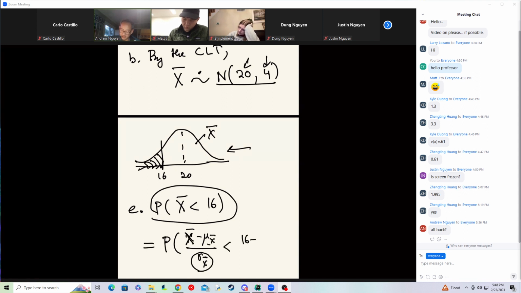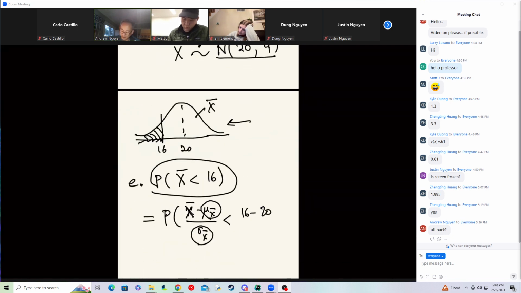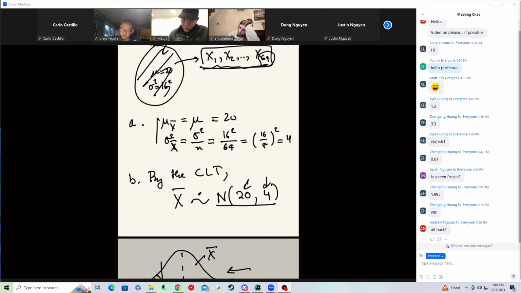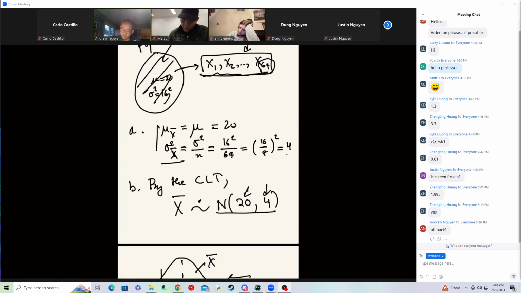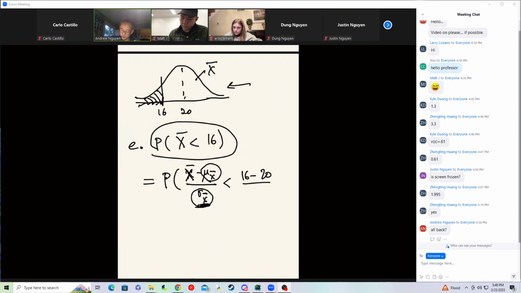So 16 minus mu of X bar, which is 20. And what is the standard deviation of X bar? What is the variance of X bar? 4. So the standard deviation of X bar is 2.